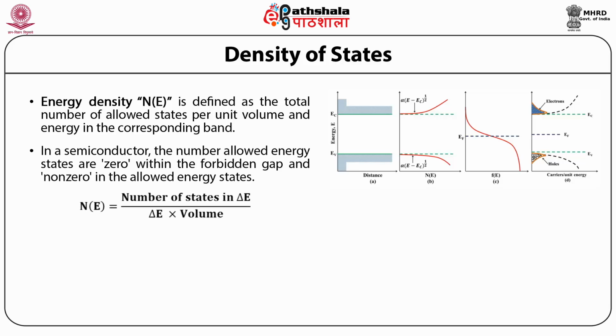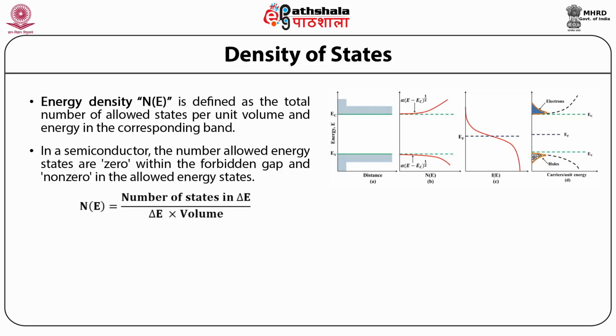In a semiconductor, the number of allowed energy states is 0 within the forbidden gap and non-zero in the allowed energy states. Hence, it is obvious to know how many states are distributed for electrons amongst the allowed energy bands.